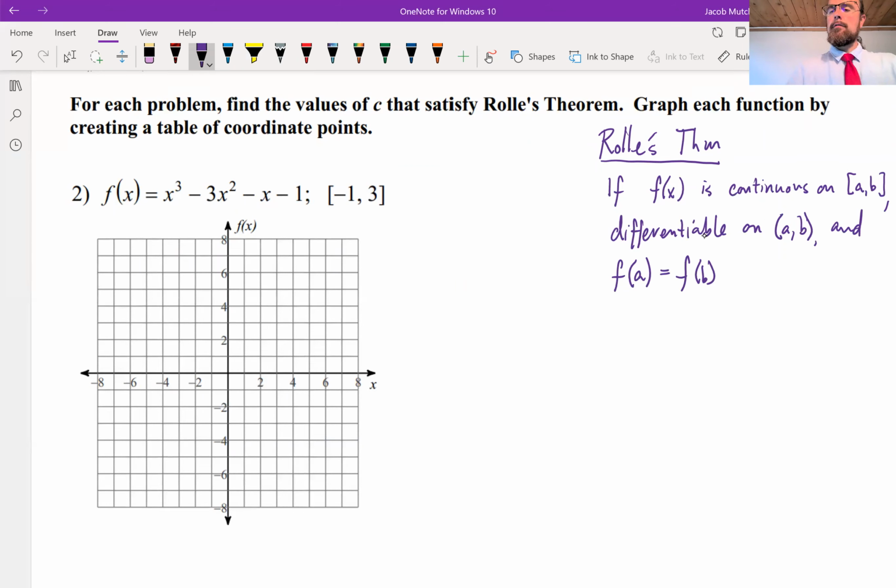So I've got to fulfill those three criteria. The function has to be continuous on the interval, differentiable on the open interval, and the endpoints should have the same function values. The y values of the endpoints should be identical.